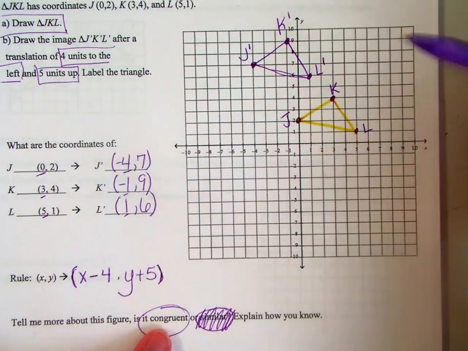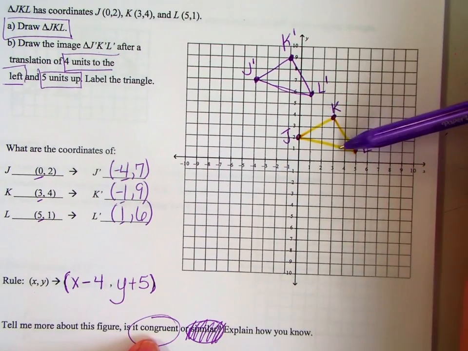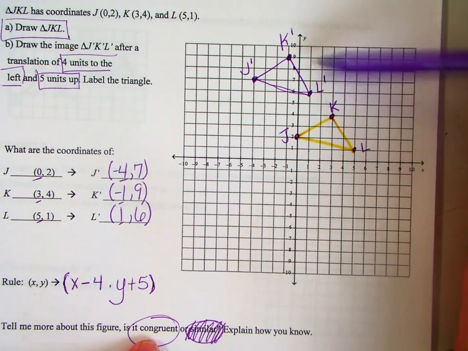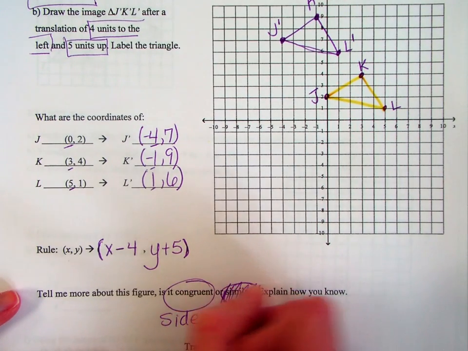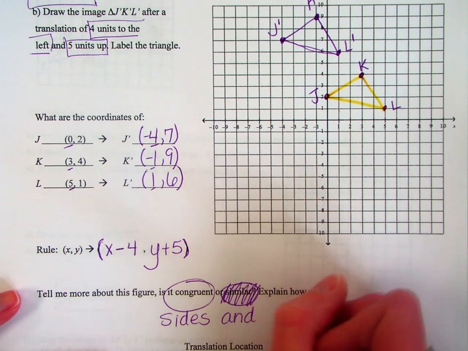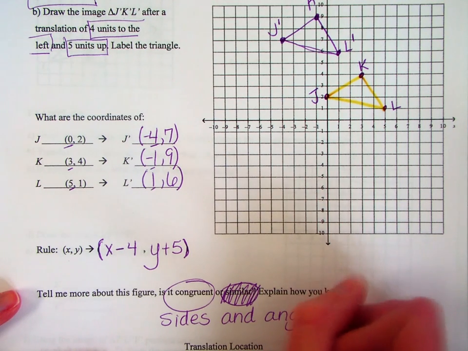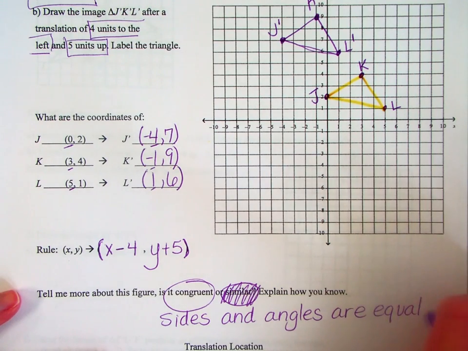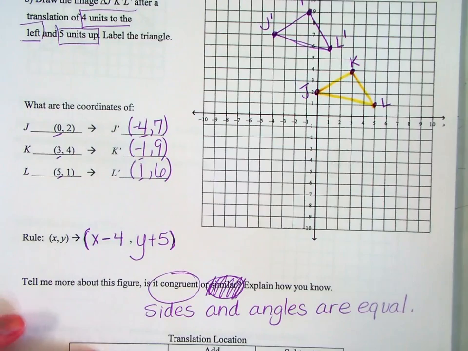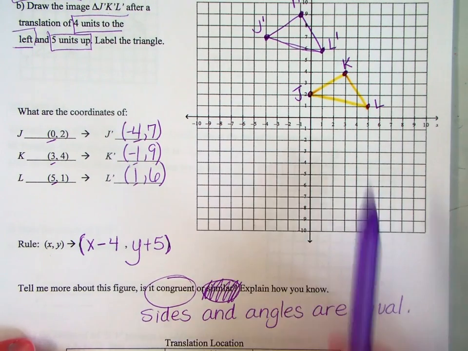All the sides and angles stayed the same. The sides and angles are all still the same, so they are exactly congruent. They're exactly the same figure.